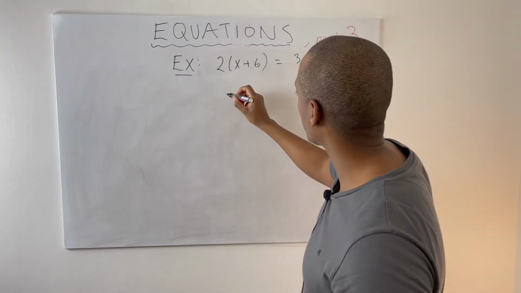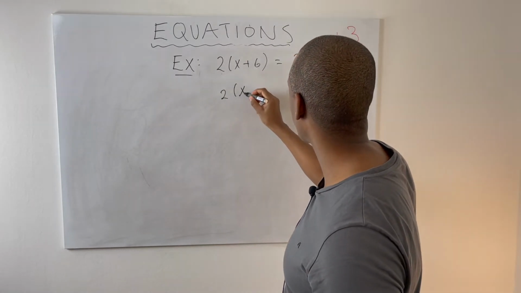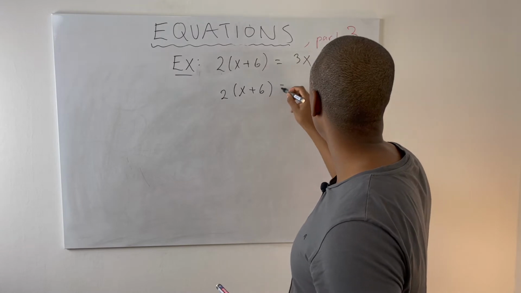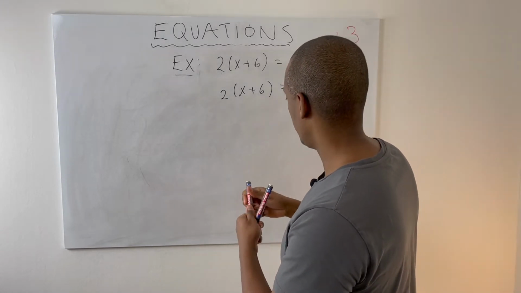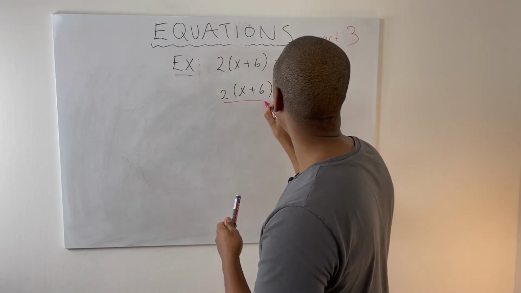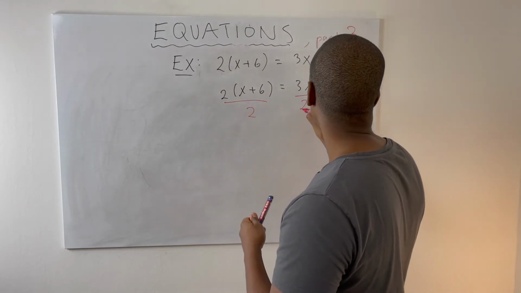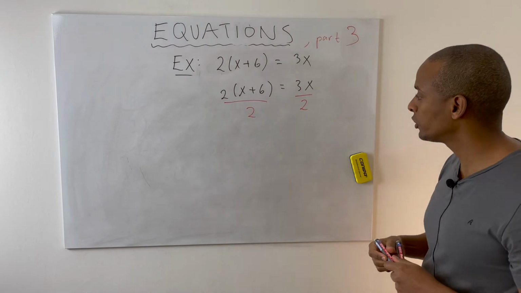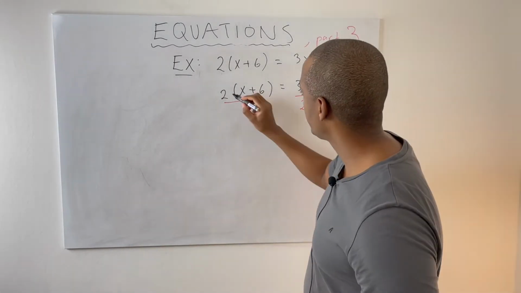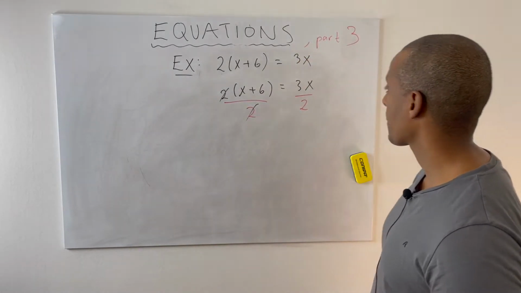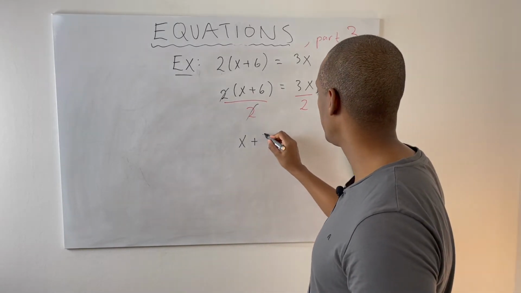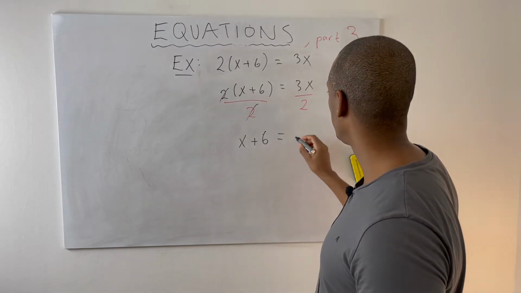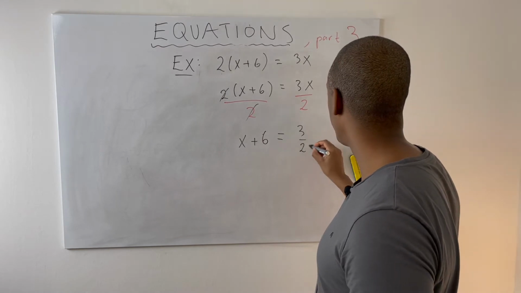So they will go like, okay, I'll go x plus 6 is equal to 3x, and then I divide by 2 on both sides. Okay, good. Because now this cancels out, right? So we only have x plus 6 is equal to 3/2 x.